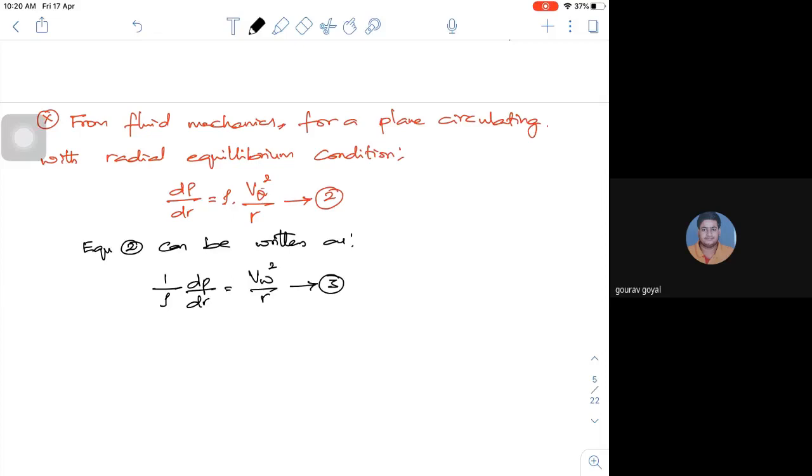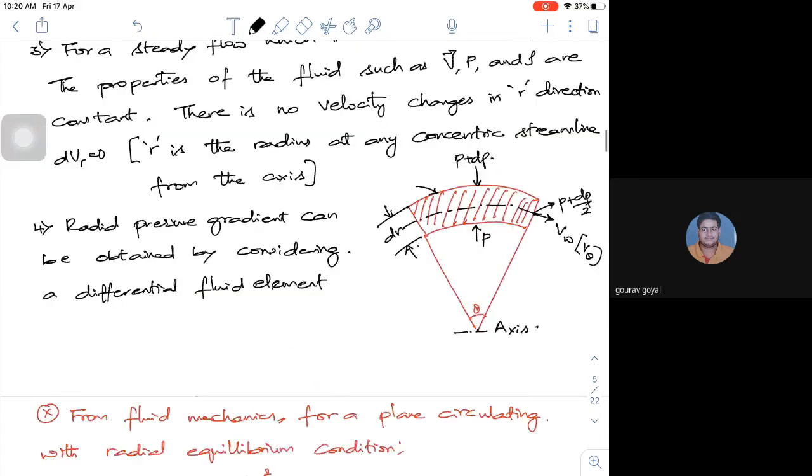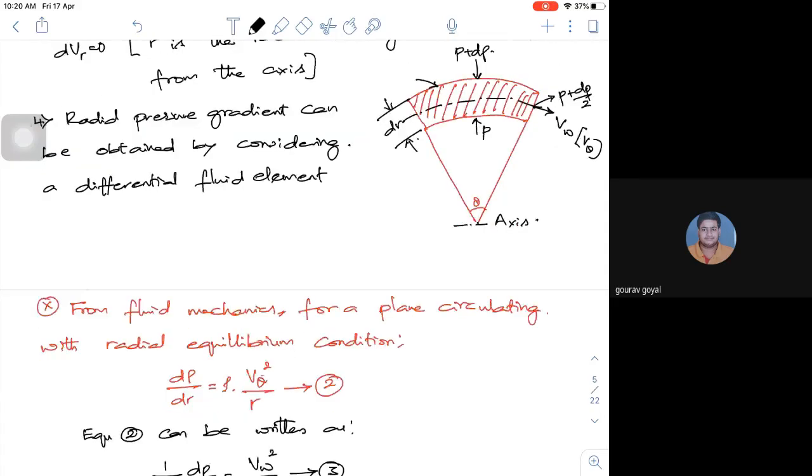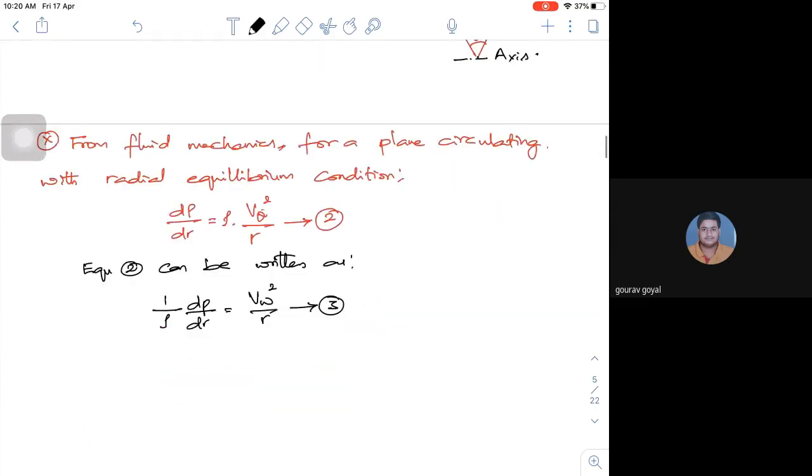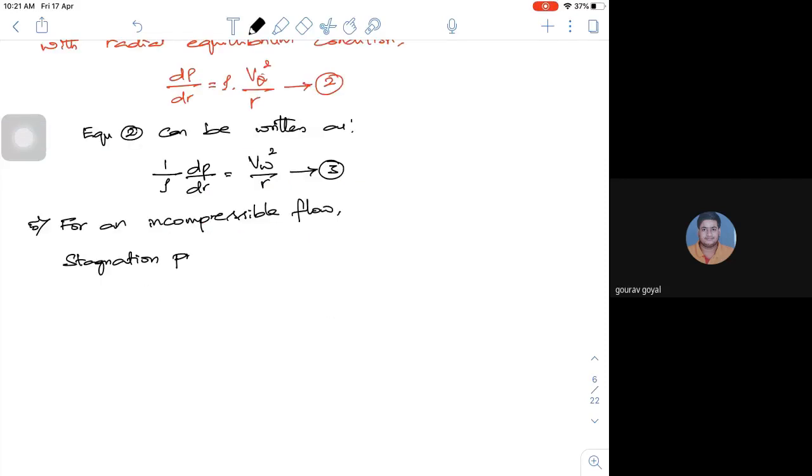So I have one expression with respect to the velocity, and if I want to analyze it, I am going to consider a small fluid element. Then going back to my fluid mechanics background, what are the expressions? V omega is nothing but your rotation, tangential velocity, and this is related to P naught is equal to P, your static pressure, plus rho into V square by 2.